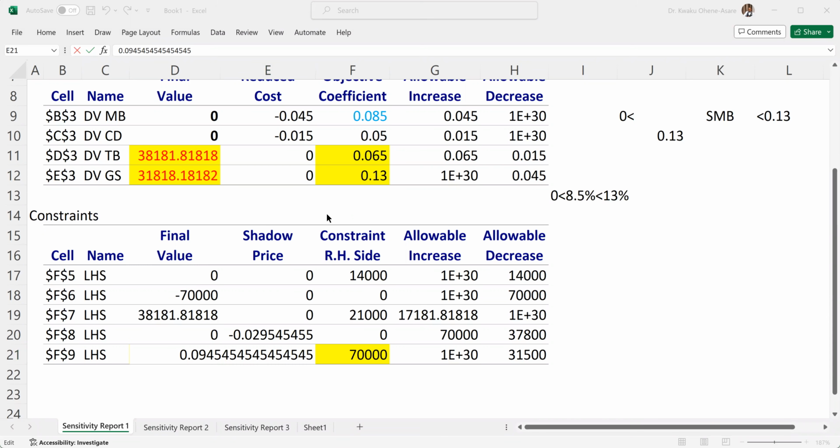Now let me give you one question here. If AMA had a choice of investing in municipal bonds or certificate of deposit, write it down. Actually, you have it in the slides too. If AMA had a choice of MB or CD, which one should she choose? You can tell me.